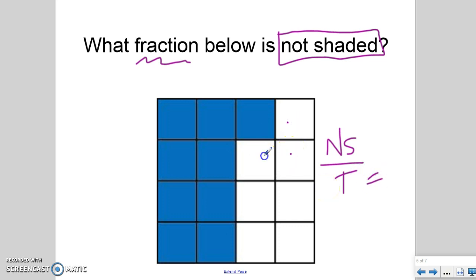So we have 1, 2, 3, 4, 5, 6, 7 are not shaded out of the total number of pieces that make up the whole shape. So we have 1, 2, 3, 4, 5, 6, 7, 8, 9, 10, 11, 12, 13, 14, 15, 16. So the fraction that's not shaded is right here, 7 out of 16, we would say that as 7/16.